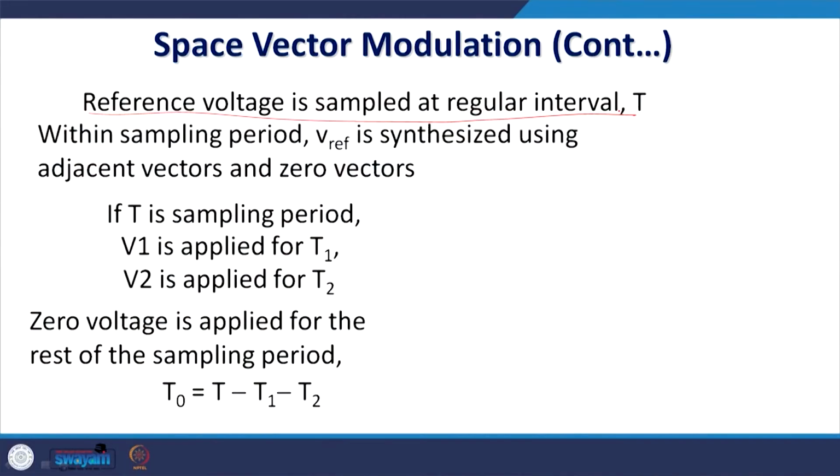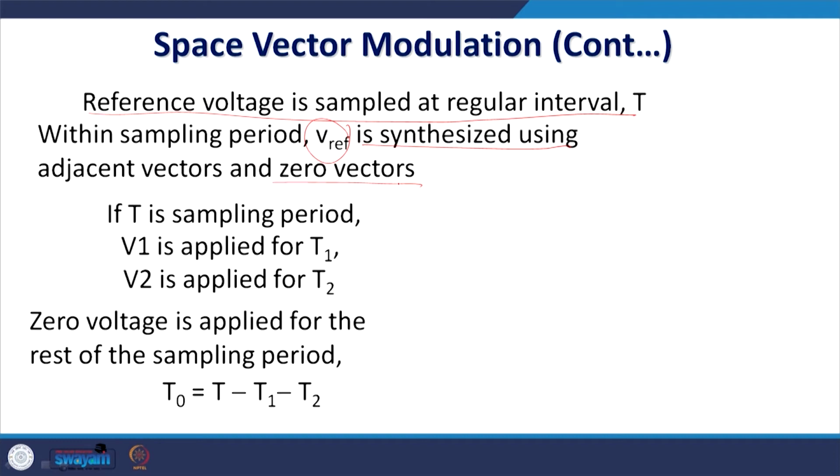So, as I told you, you are generating the clock pulses from DSP or FPGA, and for this reason the reference voltage is sampled at a regular interval, with a sampling period of T. It is synthesized with the adjacent vectors and the zero vectors.